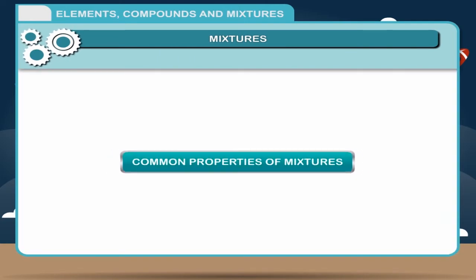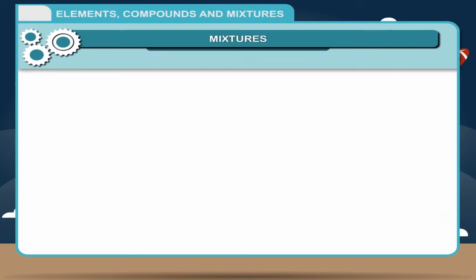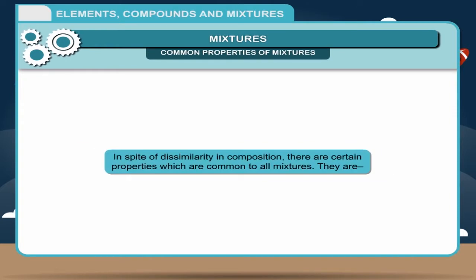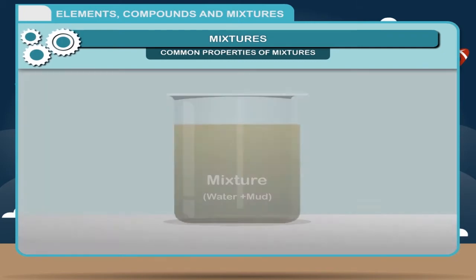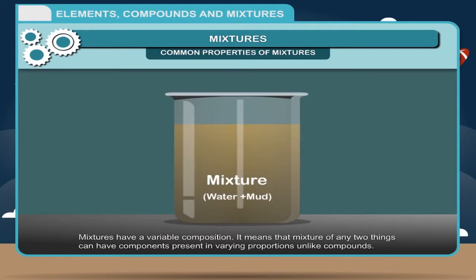Common properties of mixtures. In spite of dissimilarity in composition, there are certain properties which are common to all mixtures. They are: 1. Mixtures have a variable composition.